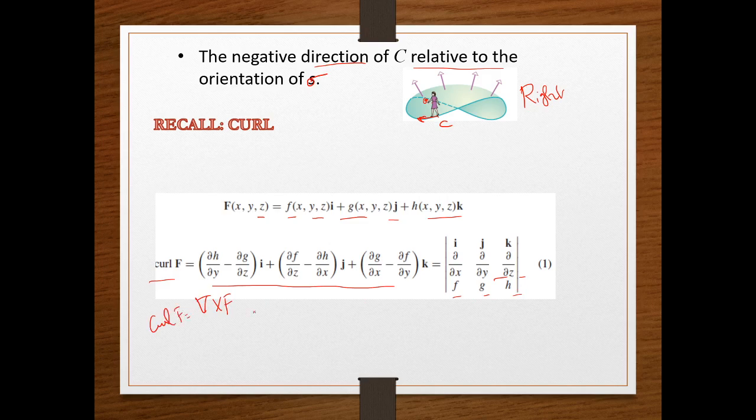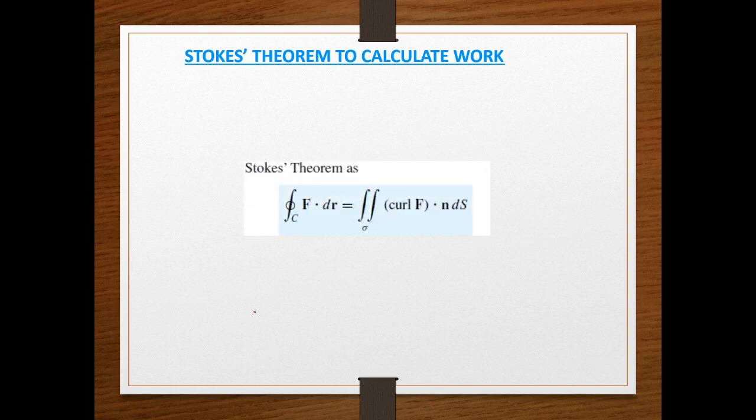Now we will move to Stokes theorem, and I am only giving the work integral form, to calculate work integral. There is a theorem statement, and you can study that statement from the notes. So I will only give you the work integral. Stokes theorem tells us the integral over C of F dot dr is equal to the double integral over sigma of curl F dot n dS.